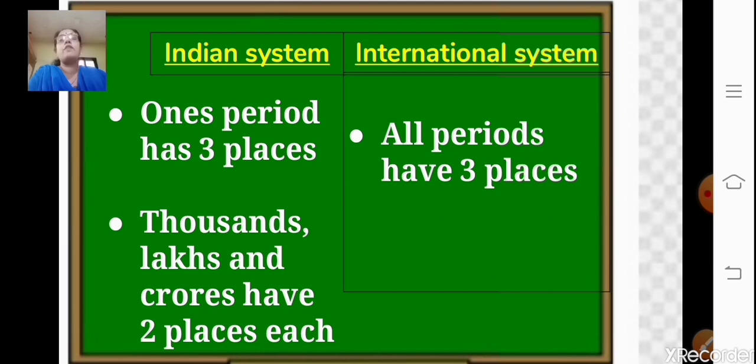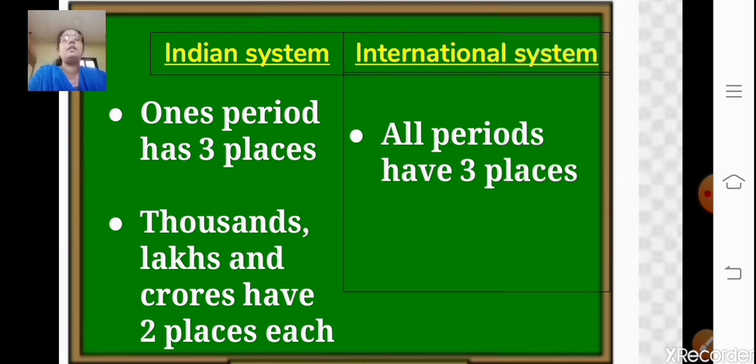Now what is the difference between the Indian system and the international system? All these topics we have already done. In the ones period, according to the Indian system, we have three places. Then thousands, lakhs and crores will have two places each. Whereas in the international system, all the periods will have three places.